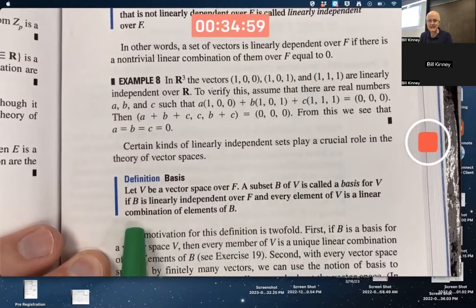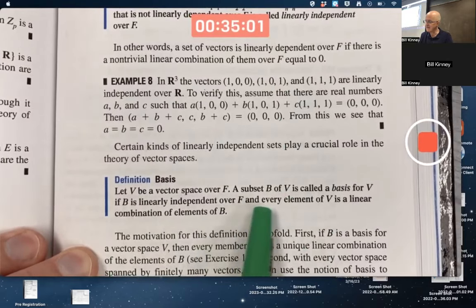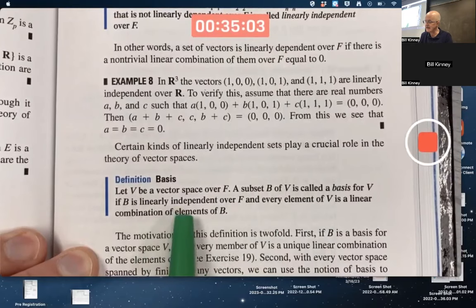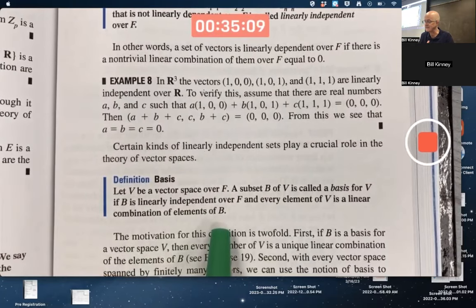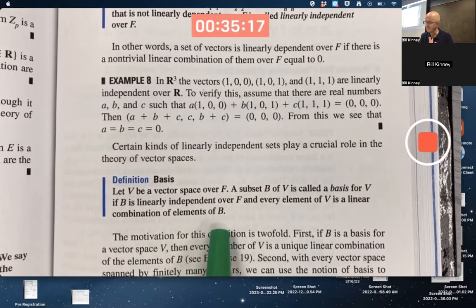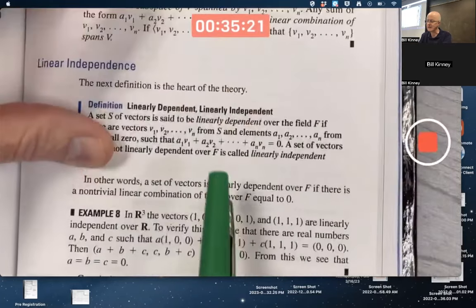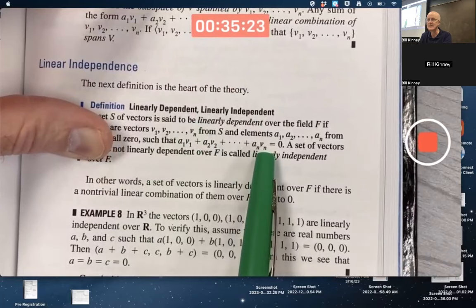A basis is a subset of the vector space that's linearly independent over the field, and every element of the vector space is a linear combination. Essentially, that last phrase means that the basis spans the vector space, but that's not stated here. These things are called linear combinations.